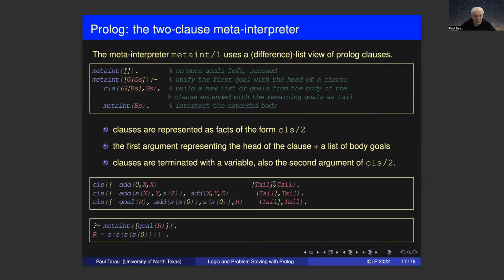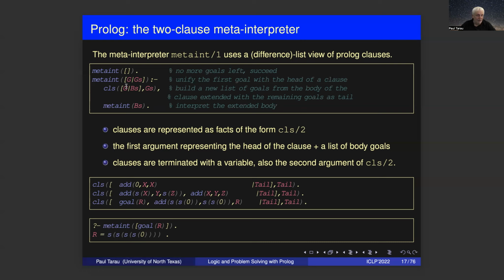So you would then, with this difference list representation, write a meta-interpreter. You have a list of goals at a given time that you want to execute. You start with the first one here, and then you go recursively. So what you do here, you look up a clause that matches the goal.